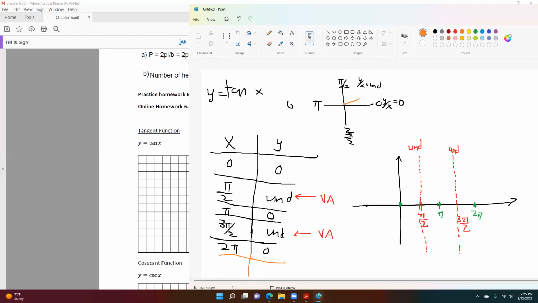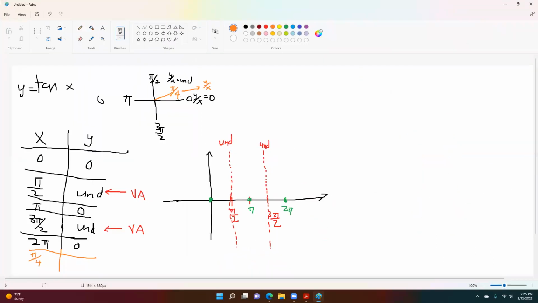Now we know that pi over 4 is very nice for tangent. Can someone tell me what y over x is for pi over 4? What's tangent pi over 4? Anyone? You have a unit circle, right? 1. 1, yes.